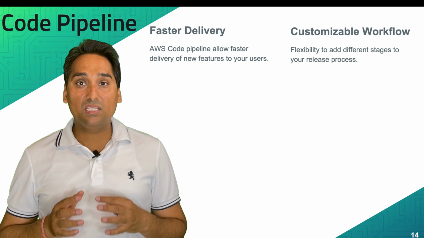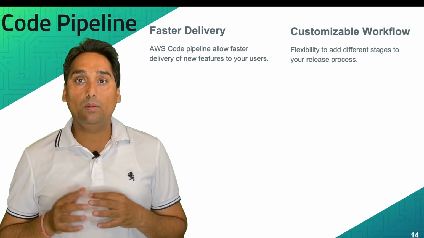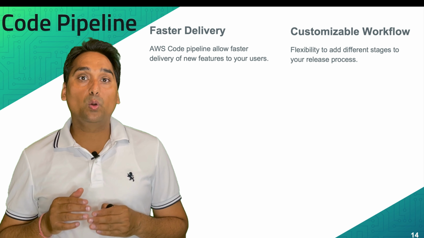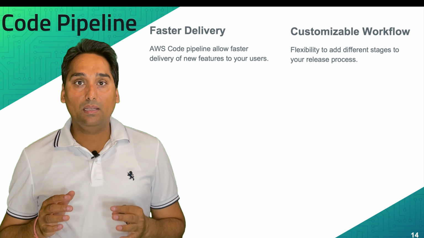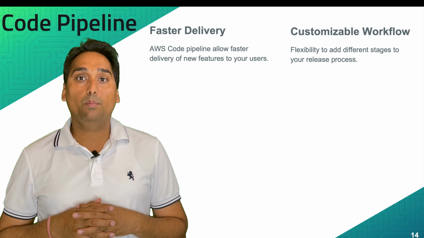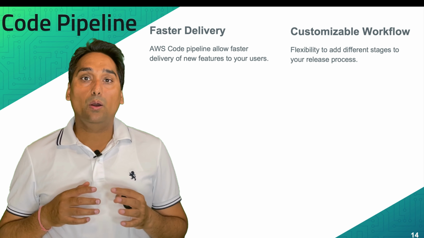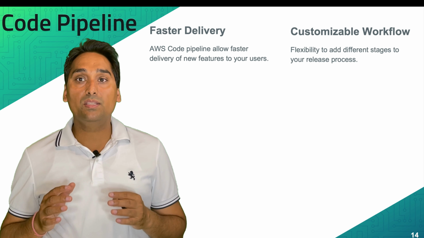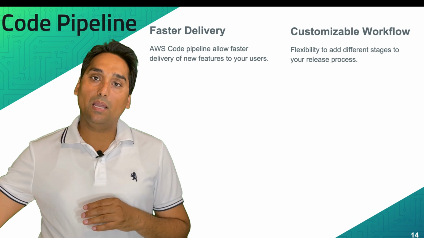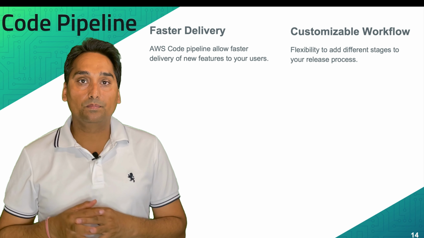You can easily specify the tests to run and customize the steps to deploy your application and its dependencies. AWS CodePipeline provides you with a graphical user interface to create, configure, and manage your pipeline and its various stages and actions, allowing you to easily visualize and model your release process workflow. So you can see step by step how your code is going from one stage to another.